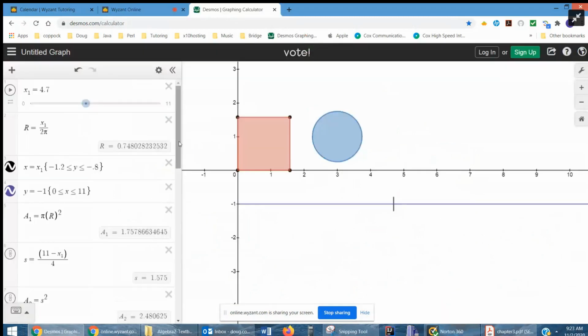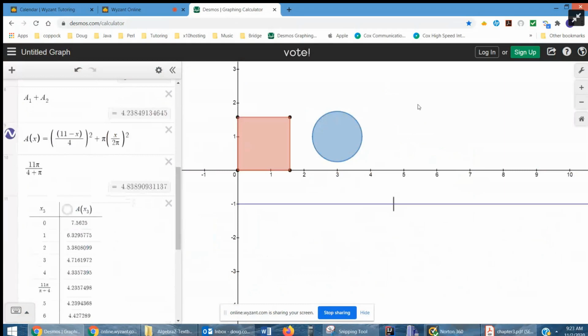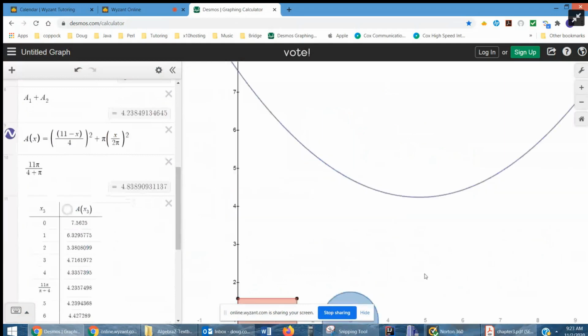If I go back to Desmos, here is that same function for area. If I show it right here, there's the minimum value right there. That is 11 pi over 4 plus pi, 4.839.